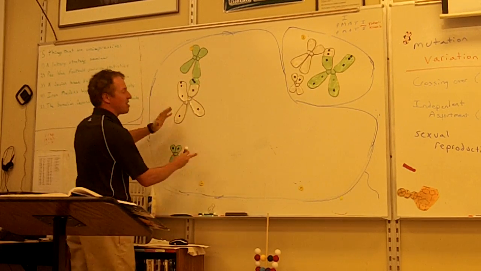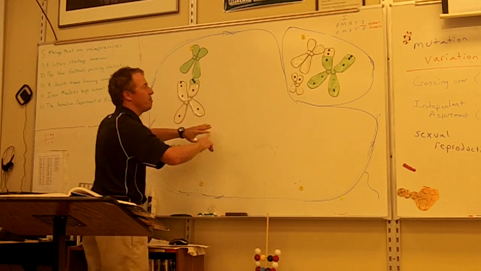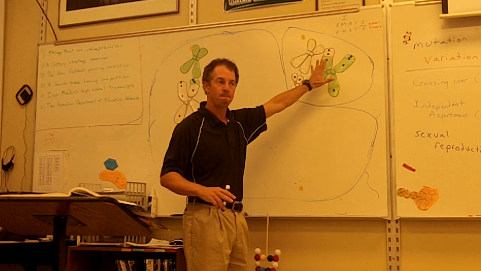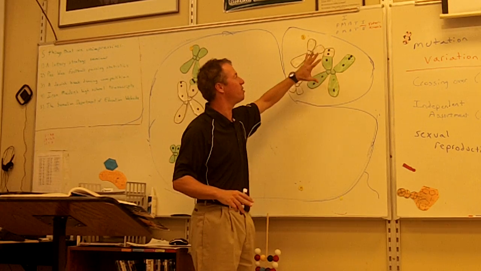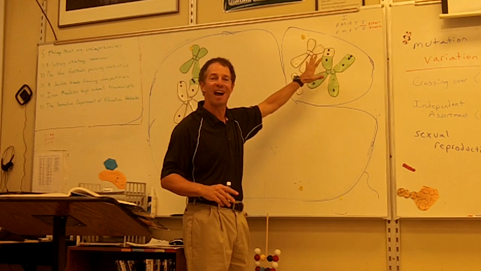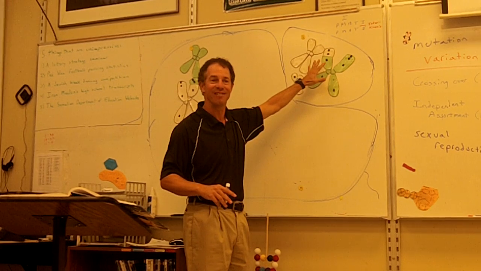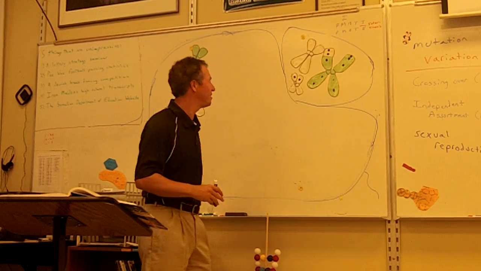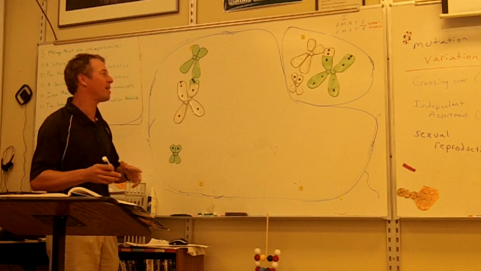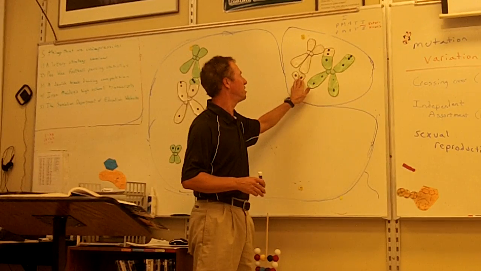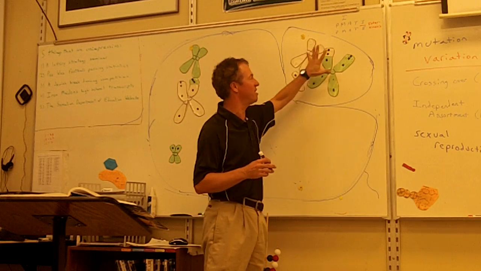Where one cell gets most of the cytoplasm and the other cell is very small and reduced. We call this small and reduced cell the first polar body. And it will die. It will not survive. It's just eliminated. It doesn't have enough cytoplasm to sustain itself. There's not enough mitochondria and such to produce the energy it needs for this cell to survive.